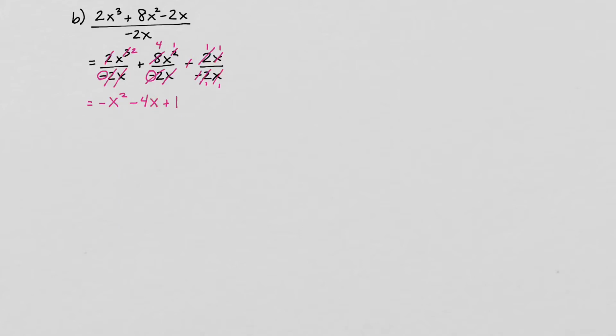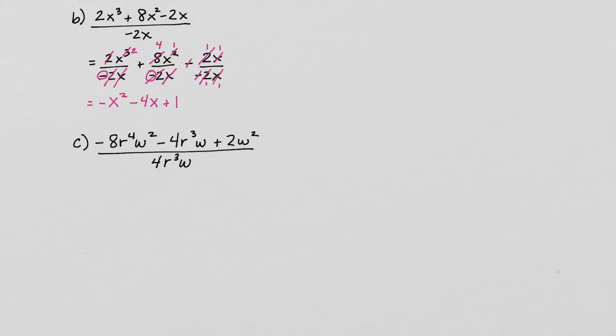So I have one more example here. Part C: minus 8r to the 4th w squared minus 4r cubed w plus 2w squared, all divided by 4r cubed w.